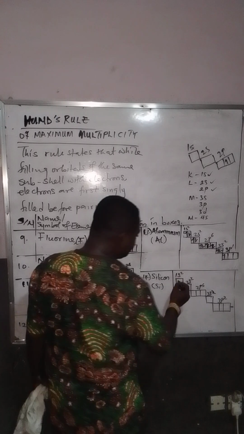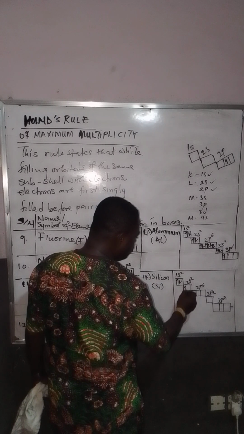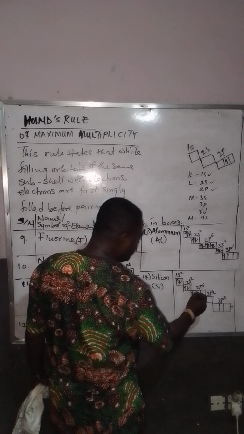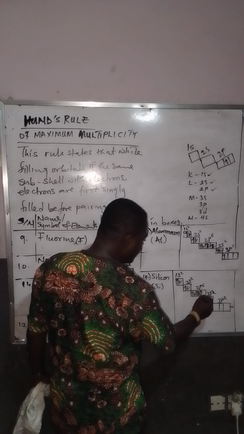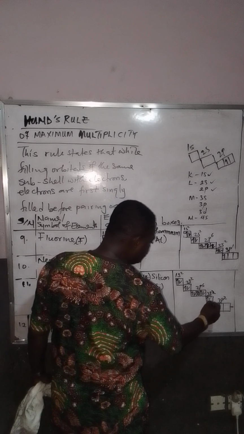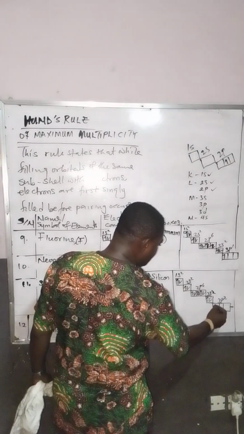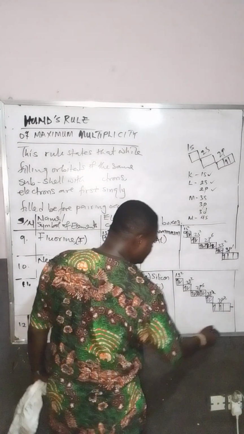Now for these 2 electrons, we have 1, 2, 1, 2. Fill singly, 1, 2, 3, 4, 5, 6. 1, 2. Singly, there are 2 here, 1 and 2. Finish. So that is silicon.